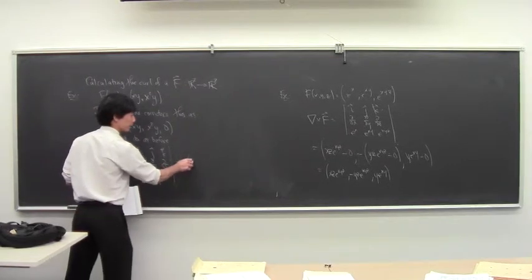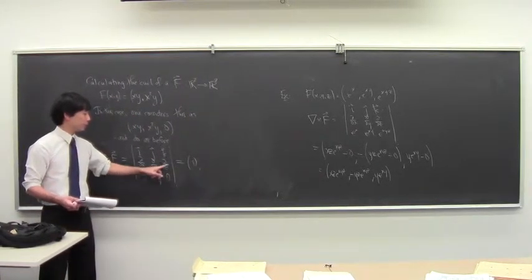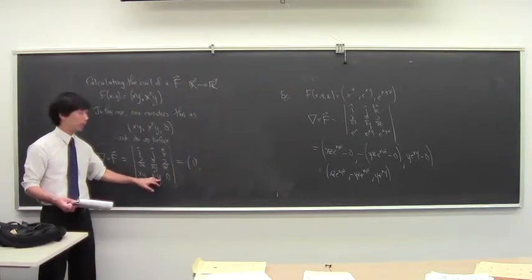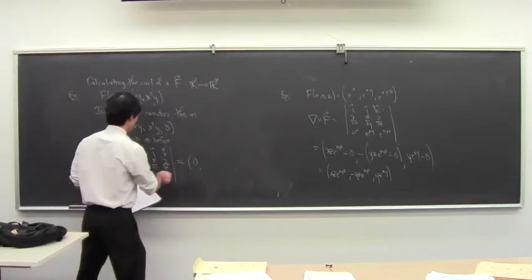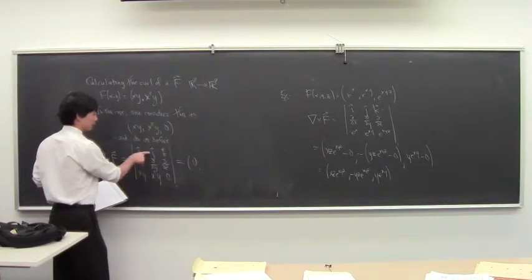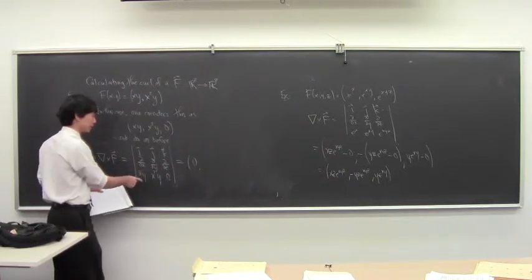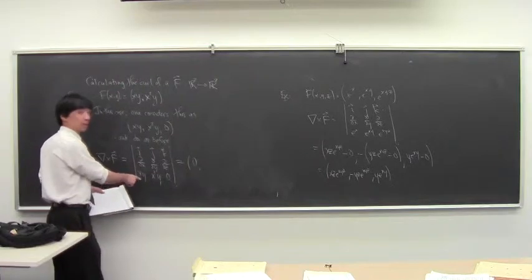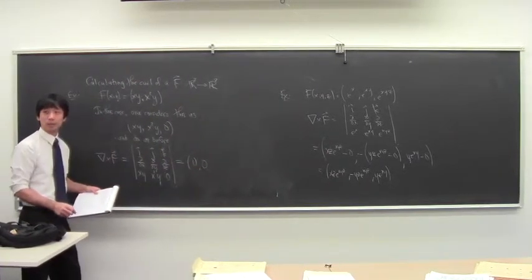Well, that's just 0, because you're taking the derivative of 0, and the derivative of something in x and y with respect to z. The second term: d/dx of 0 minus d/dz of xy. Again, you're differentiating something that depends only on x and y, so you get 0 again.